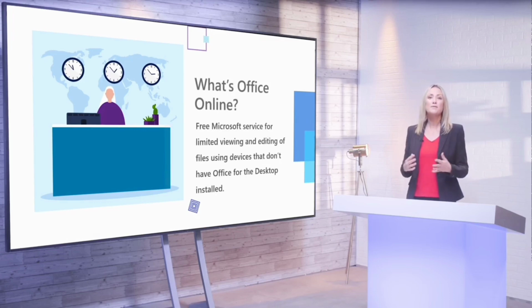Office Online is a free service that is available to anyone with a Microsoft account obtained from office.live.com. This version of Office allows you to view and edit files in apps like Word, Excel and PowerPoint. However, keep in mind that Office Online apps have basic functionality compared to their desktop versions, so some features won't be available.